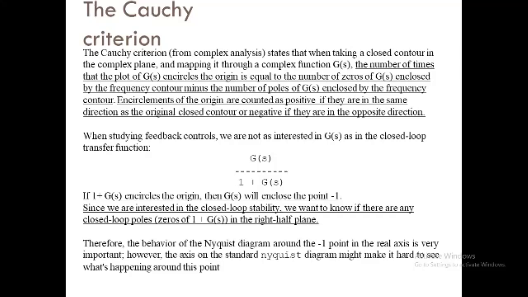Since we are interested in closed loop stability, we want to know if there are any closed loop poles, that is zeros of 1 plus G(s), in the right half of the plane. Therefore, the behavior of the Nyquist diagram around the minus 1 point on the real axis is very important. However, the axes on the standard Nyquist diagram might make it hard to see what is happening around this point.